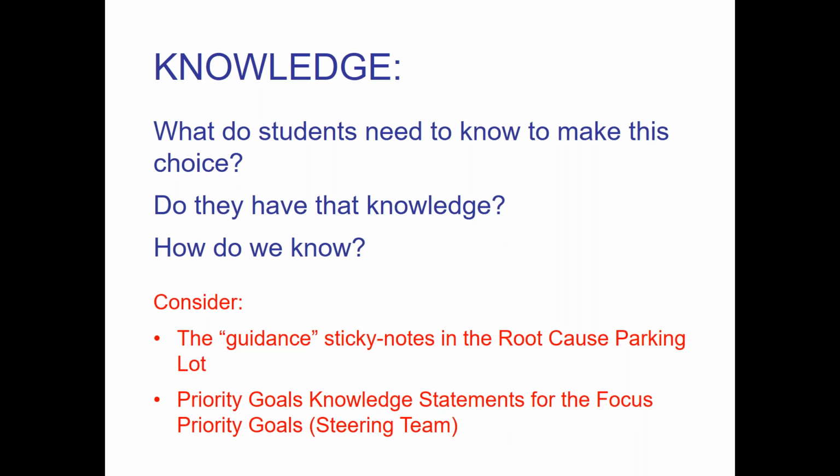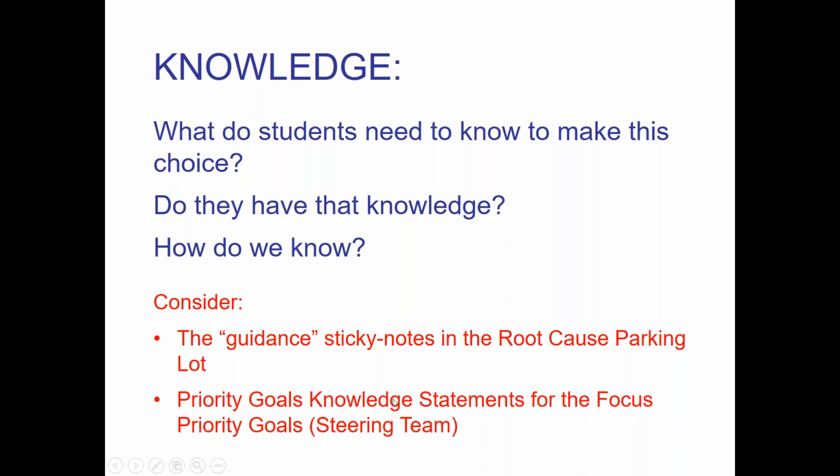Now, there are a couple of things you can point to as you're having this discussion about knowledge. One is the guidance sticky notes in the root cause parking lot. Remember, the guidance statements are all about knowledge. So was there anything in here that indicated that students lacked knowledge that they needed? Also, if you remember, a month ago we asked you to come up with knowledge statements for each of your priority goals.